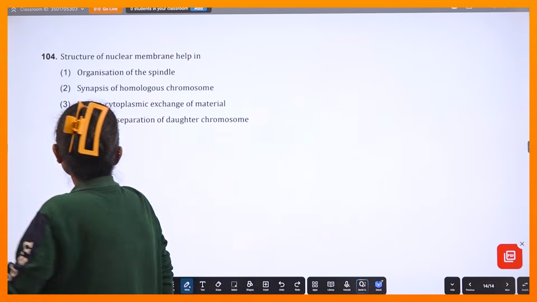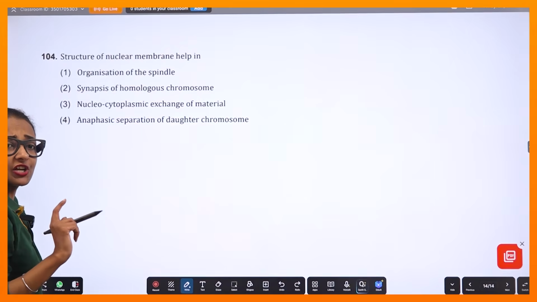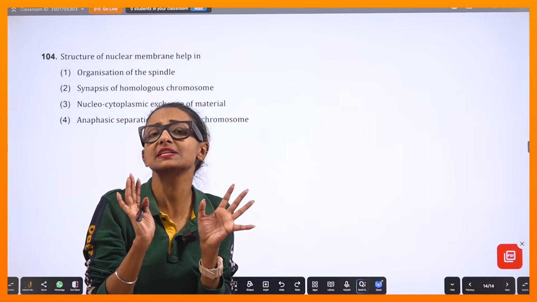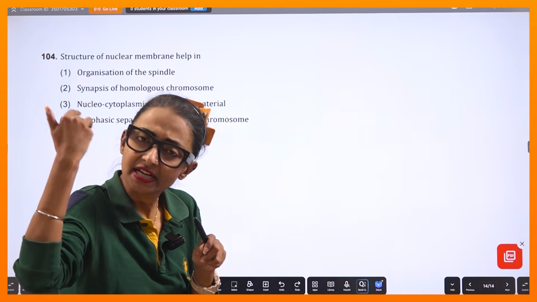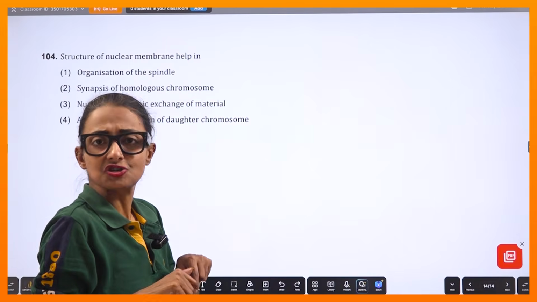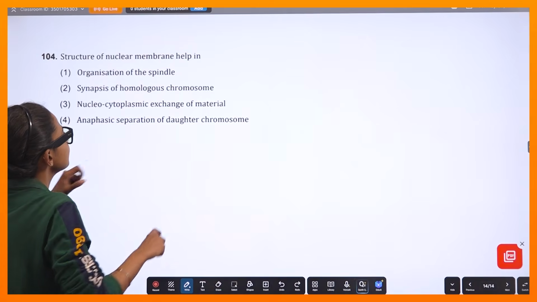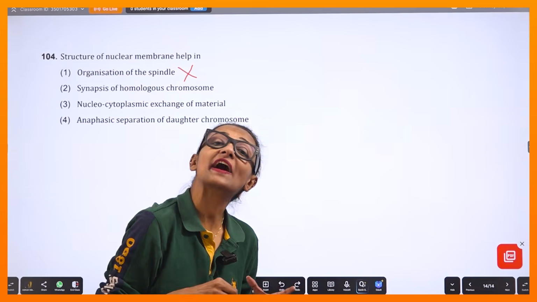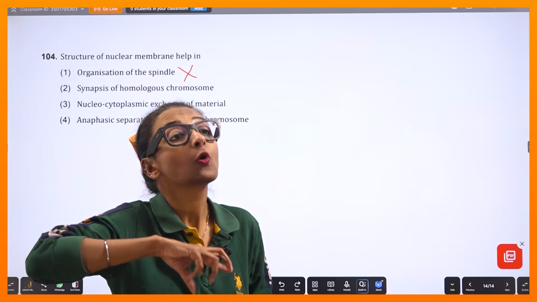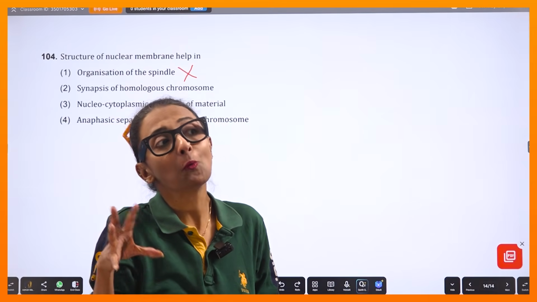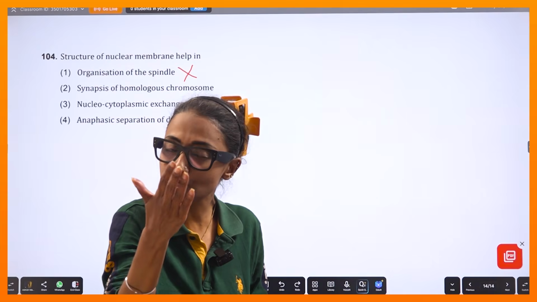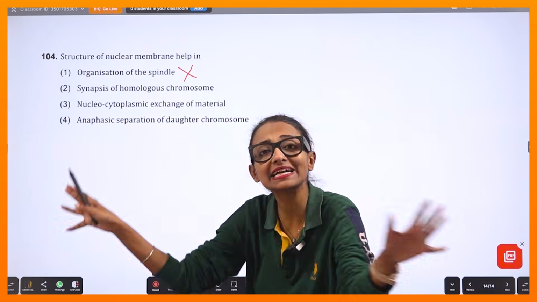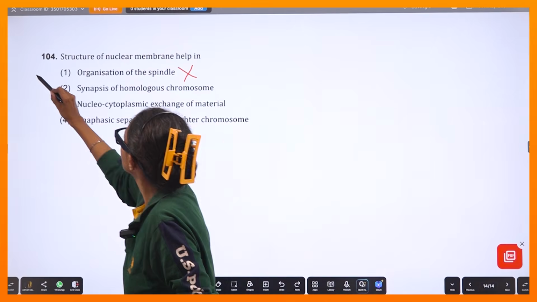Acha, the structure of nuclear membrane disappears during mitosis and meiosis from prophase, it is like completely vanished, right? Organization of the spindle, no, because spindle formation in animal cells will start or originate from centrioles, whereas in plant cells you have studied it is from cytoskeletal structures. So nuclear membrane has no role.